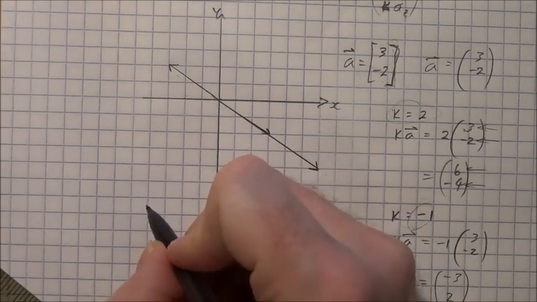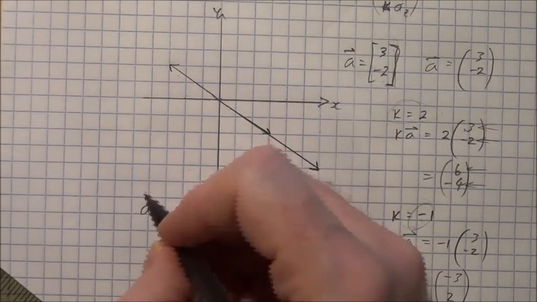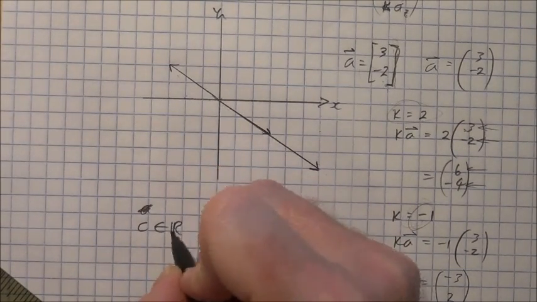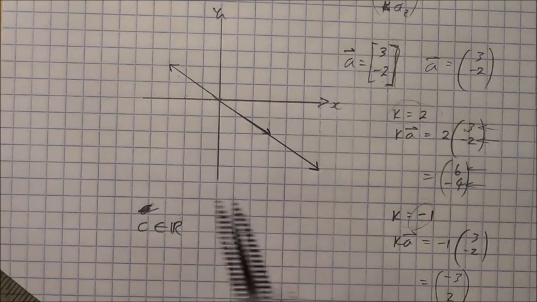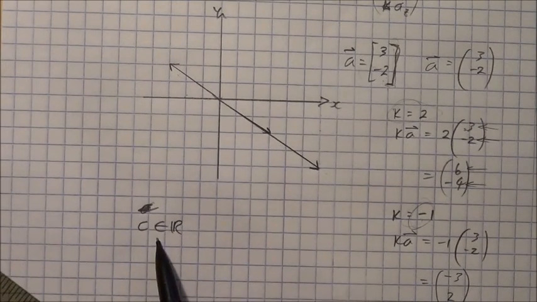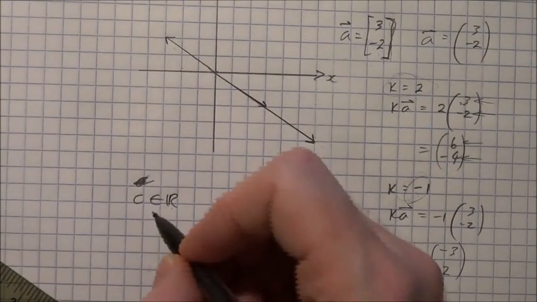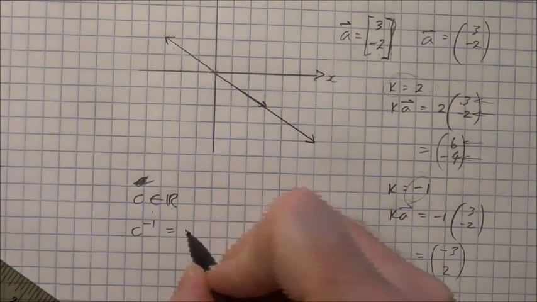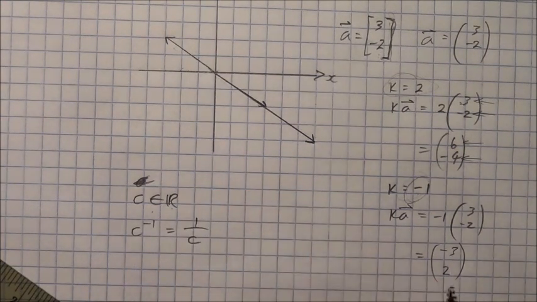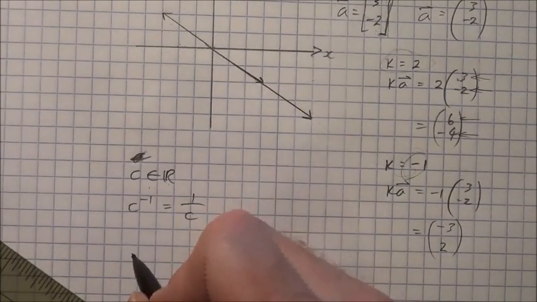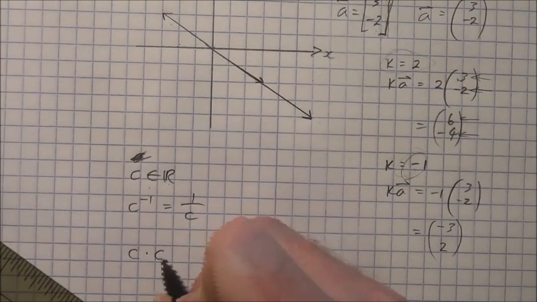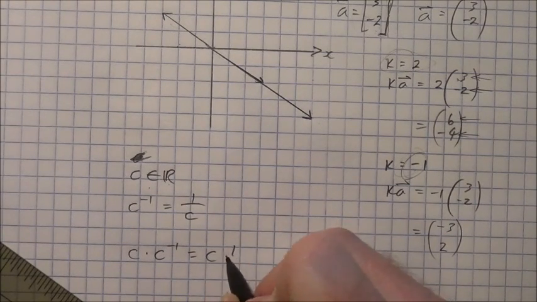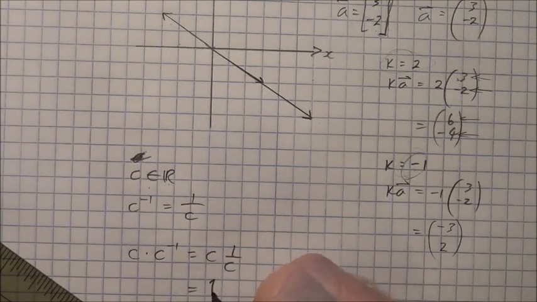So suppose, for example, we have, actually I'll use a different variable, C is some constant, which is part of the real number system. Then we have some inverse of C, which is the same as 1 over C, such that if we do C multiplied by C inverse, we get C multiplied by 1 over C, which then just equals 1.